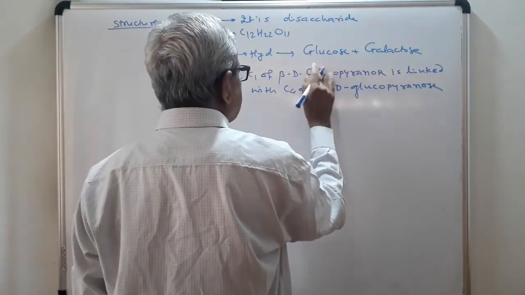C1 of beta D galactopyranose. Here is the galactopyranose.